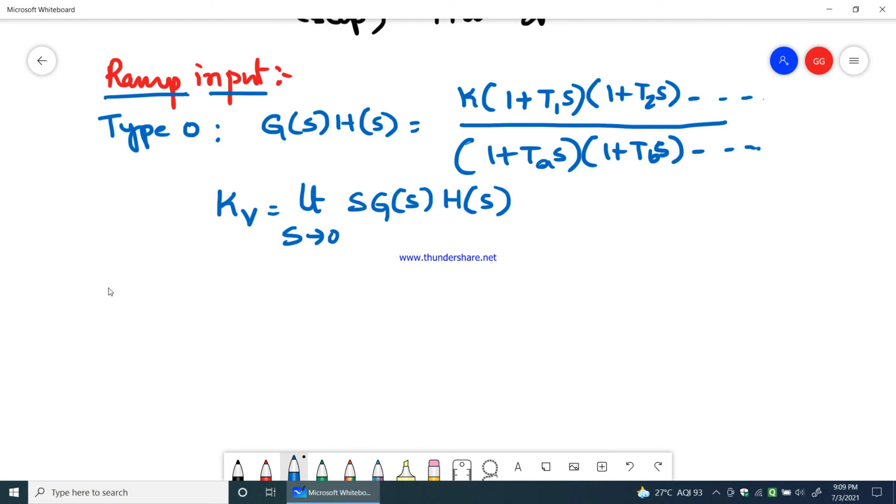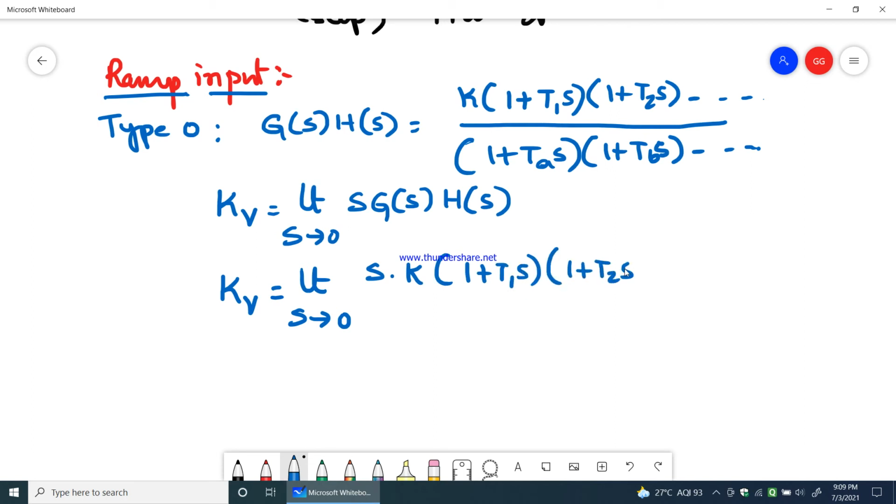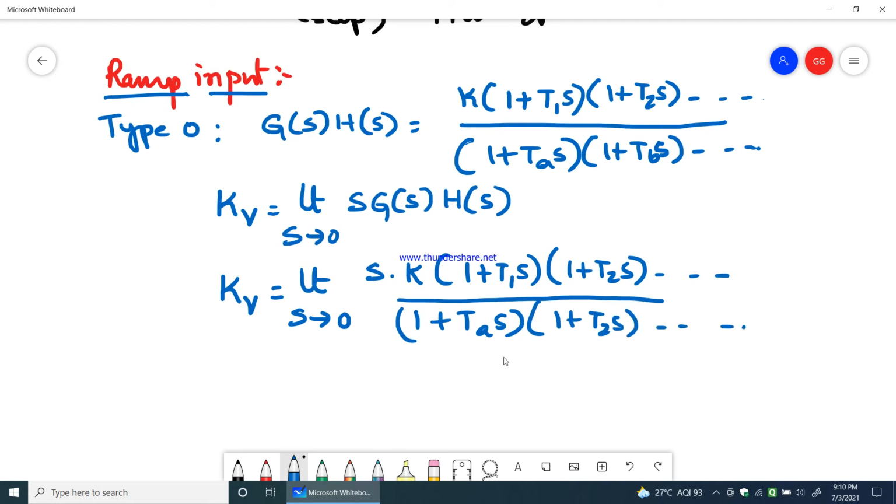Therefore, if I try to calculate what is Kv for the type 0 system, you will see that limit s tends to 0, s into K into (1 plus T1s)(1 plus T2s) and so on, divided by (1 plus Tas)(1 plus Tbs) and so on. So you see that when s tends to 0 is applied, Kv is equal to 0 for ramp input when type 0 system is considered.